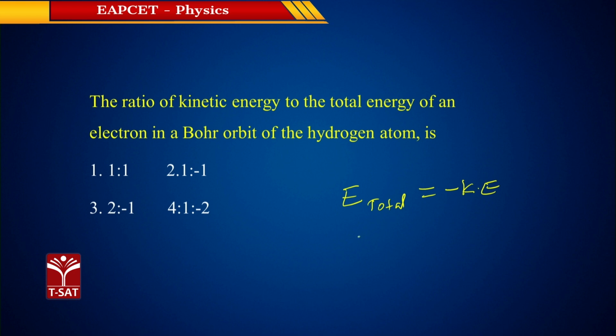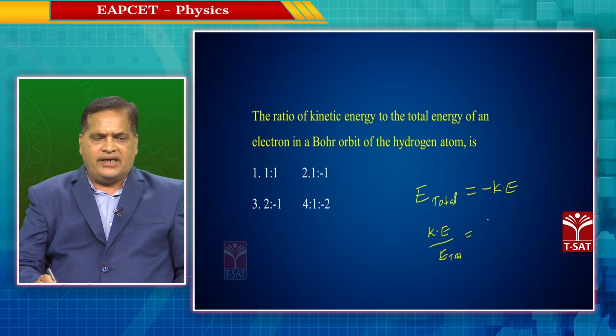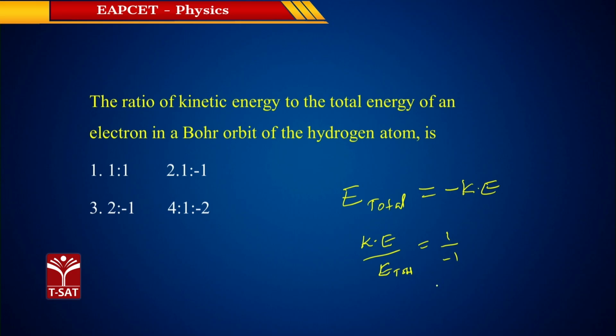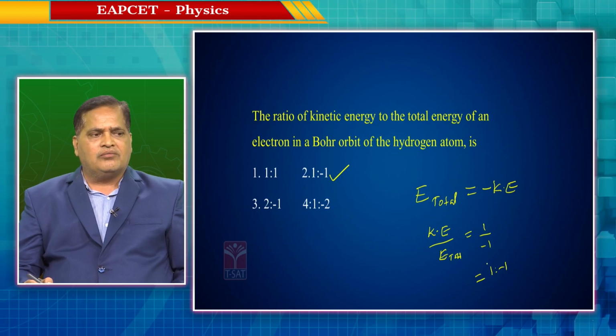So kinetic energy by total energy is equal to 1 by minus 1. Therefore the ratio is 1:-1, the second option. That is, total energy is negative and kinetic energy is positive, so total energy equals minus kinetic energy.